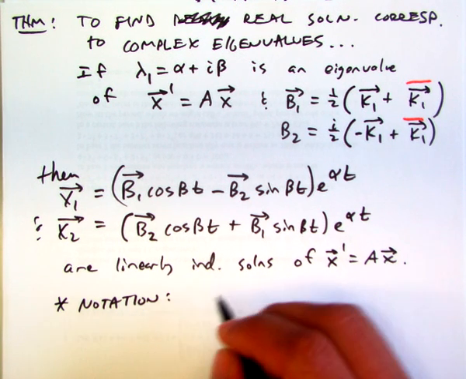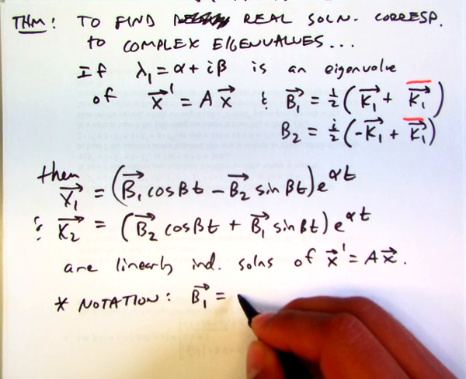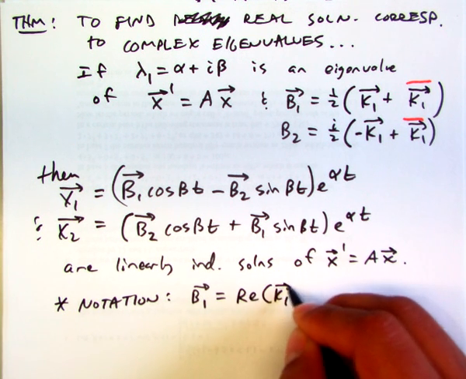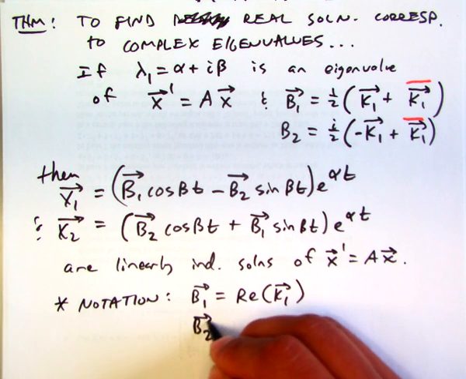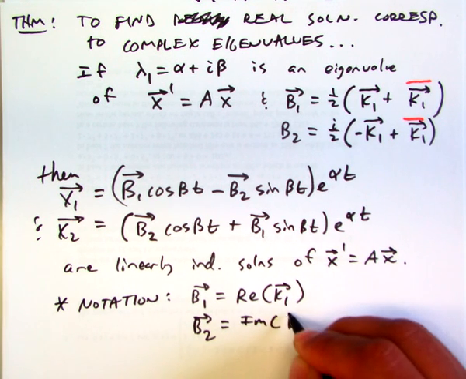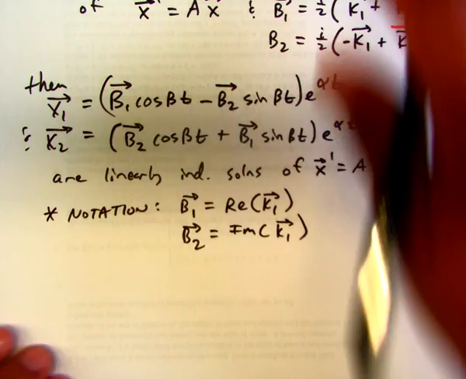If you simply remember b1 as the real part of k1 and b2 as the imaginary part of k1, this will help you keep track of what you need to put where.